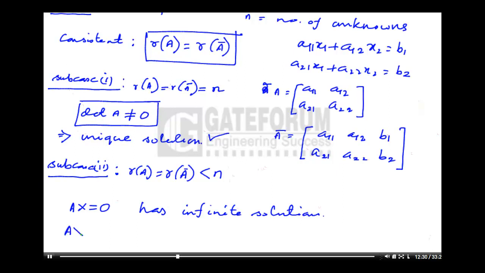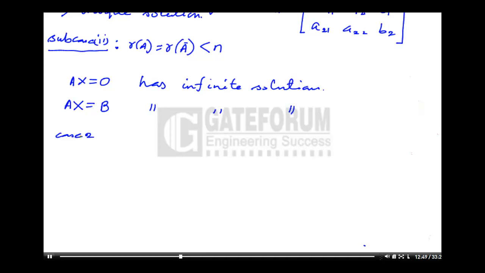Hence, therefore, Ax is equal to B, that is the non-homogeneous system, also has infinitely many solutions. So, these are the two sub-cases.